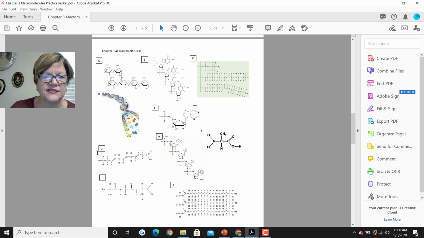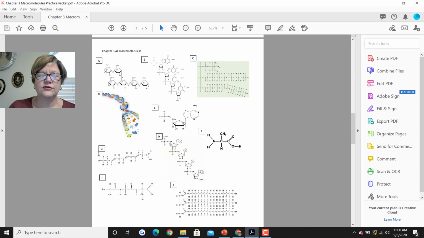And then I might ask you, is this saturated or unsaturated? In order to figure that out, you're going to look at just the hydrocarbon portion and look for any double bonds in it. You have 3 double bonds. So this would be polyunsaturated if we were getting picky, but it's definitely unsaturated. So G is an unsaturated fatty acid.